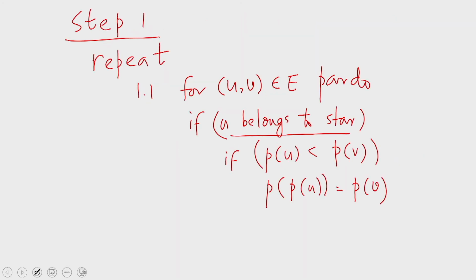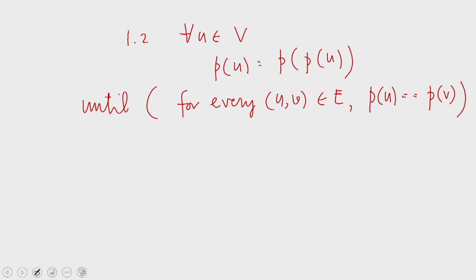In step 1, what we do is this: for every u which belongs to a star, we perform what is called hooking. Step 1 can be called the hooking step, and in step 2 we do one round of pointer jumping.